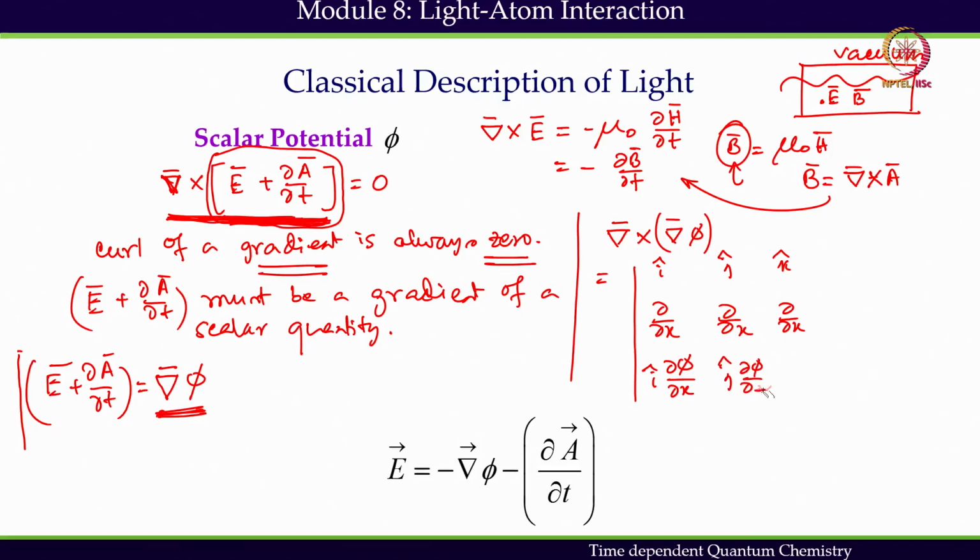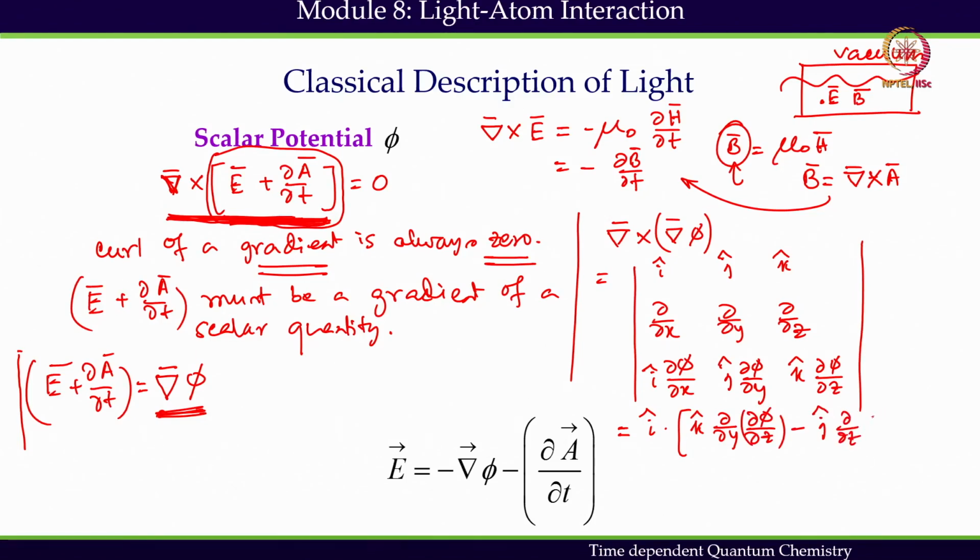This is the representation of the curl, and if I explicitly simplify it, it is going to be k times the partial derivative with respect to y and then with respect to z, minus j times the partial derivative with respect to z, then with respect to y. Then the other two terms will come in.